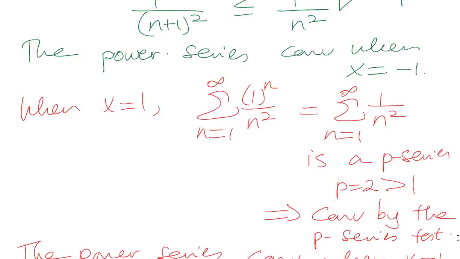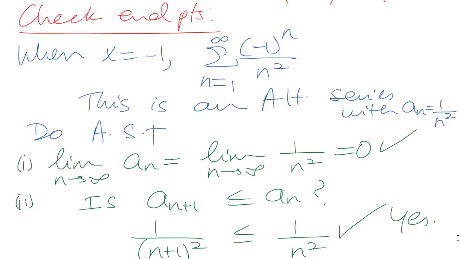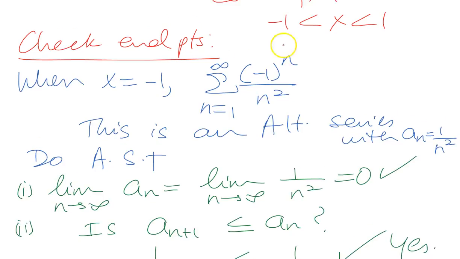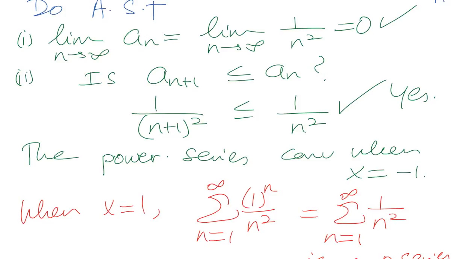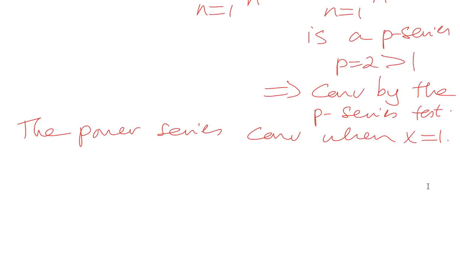Okay? So guys, we got an interval earlier using the ratio test. This was the interval we got earlier. We checked both of those endpoints separately, and the power series converged at both of them. The series converged when x is -1, and the series converged when x is 1. So guys, what are we going to write?